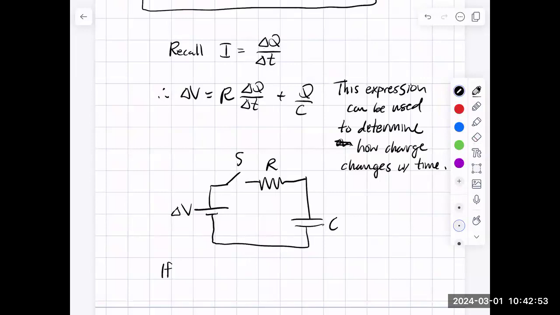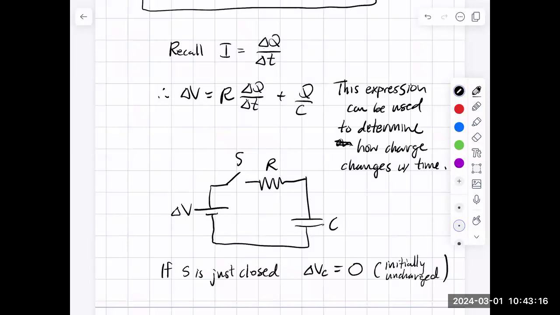So if the switch is just closed, delta V across the capacitor is equal to 0 because it was initially uncharged. So if there's no voltage across the capacitor, the battery voltage is delta V. That's constant all the time. It never changes. What would the voltage across the resistor have to be by Kirchhoff's loop rule?